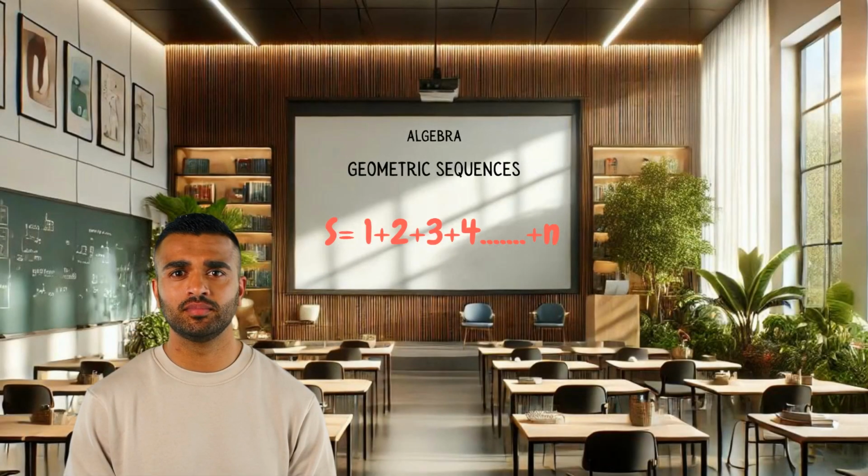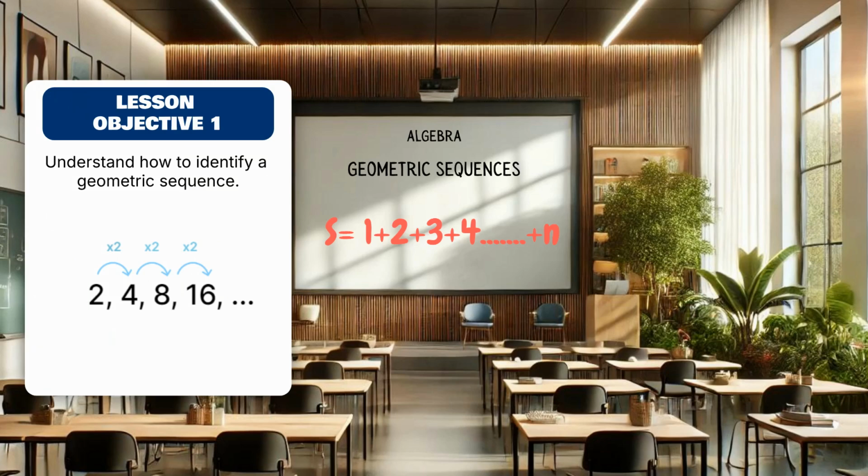In today's lesson, we began by identifying the characteristics of geometric sequences, where each term is obtained by multiplying the previous term by a constant value known as the common ratio. We looked at examples such as 3, 6, 12, 24, and 5, 10, 20, 40, noting that these sequences grow exponentially compared to linear sequences, which increase by a constant amount.